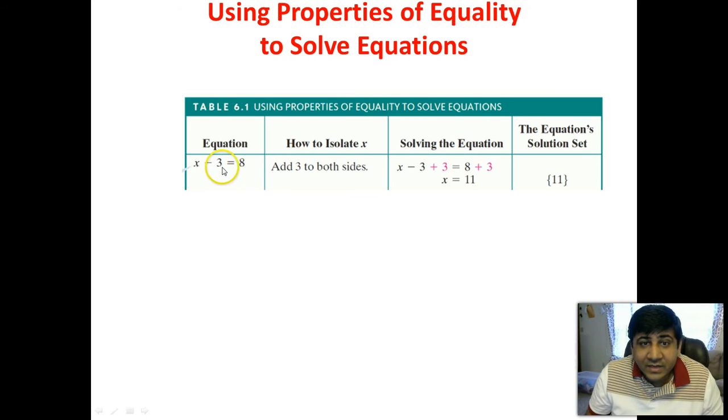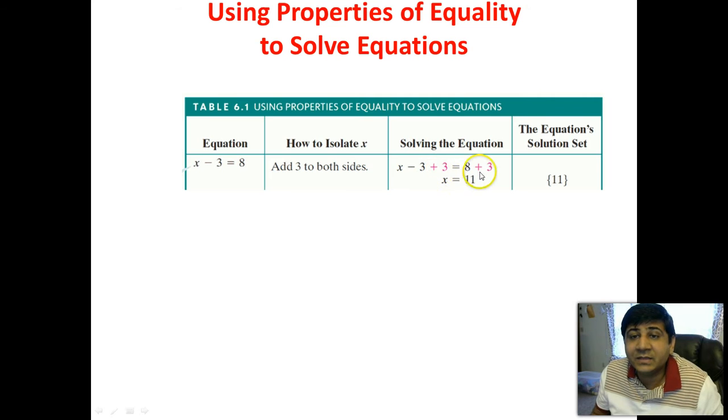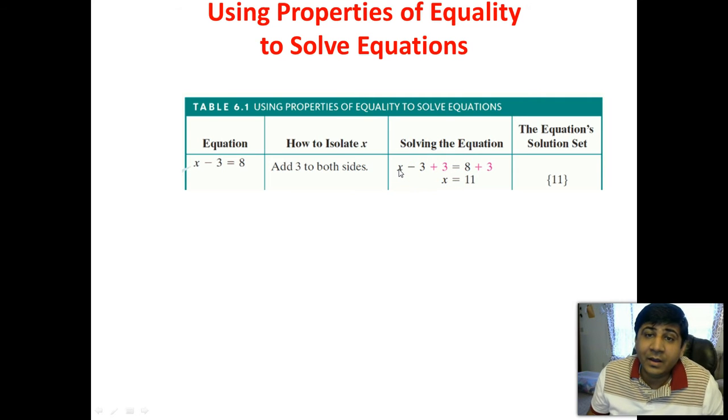This 3 is extra, since it's minus 3, so we add 3 to both sides. So we have x minus 3 plus 3, and 8 plus 3. This is allowed, we added the same number on both sides of the equation. Now minus 3 and plus 3 gives us 0, so 0 plus x is x. On this side we have 11, so this is your solution set.